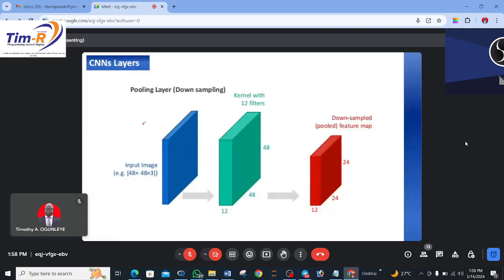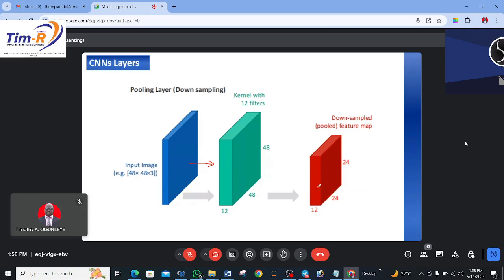Now the pooling layer, this is what it does, like we said. If you look at this, this is 48 times 48 times 3. If the input image goes into the kernel at the convolution, then we have it this way, 48 by 48, where we have 12 filters. And these 12 filters, after everything has happened here, are downsized and reduced to 24, 24, and 12, which means it's still retaining the number of filters.